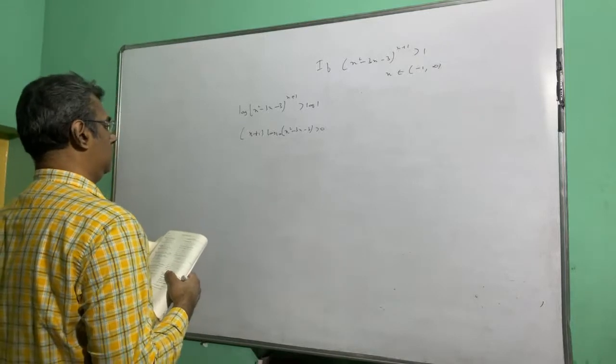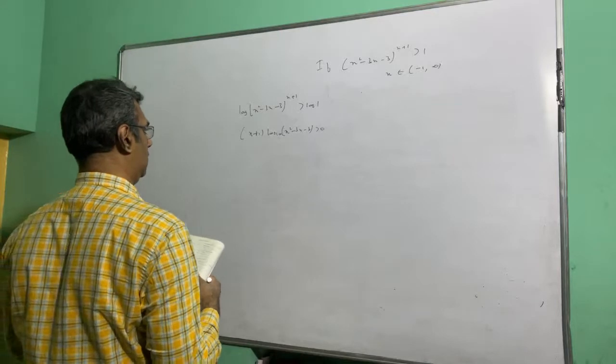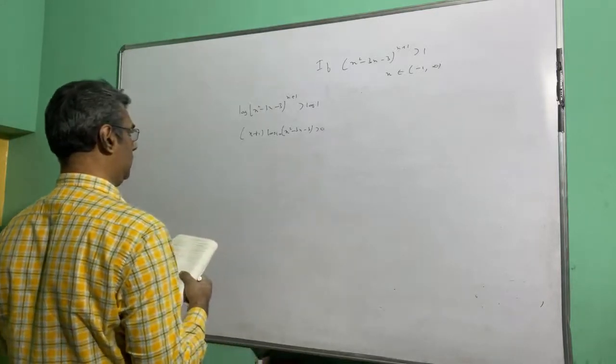So (x plus 1) into log base 10 of (x square minus 3x minus 3) will be greater than 0.